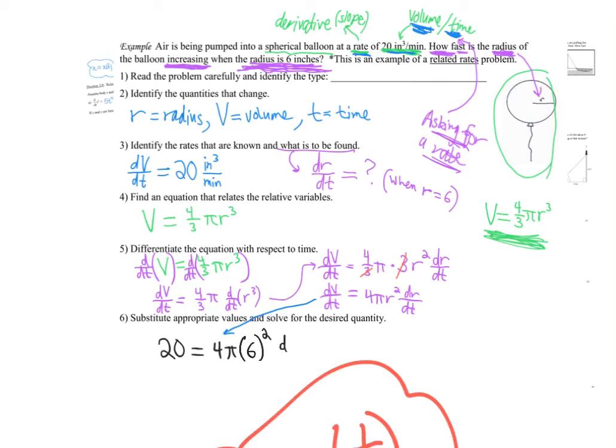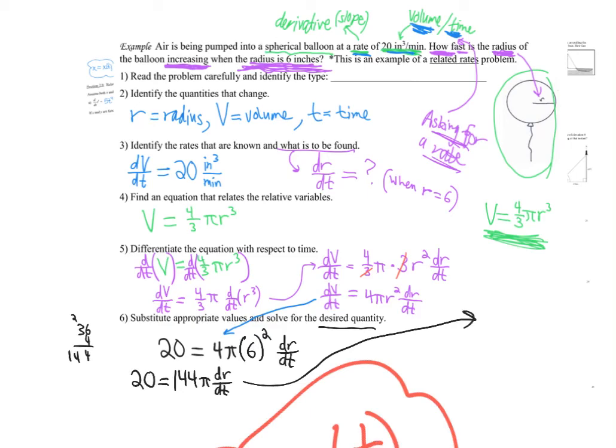And then I have dr/dt, which is the quantity we don't know, the desired quantity. When I work this out, I should get 20 equals 36 times 4, which is, well, you could do it on a calculator, but I'm going to be old-fashioned for a moment. Okay, so it's 144 pi dr/dt.